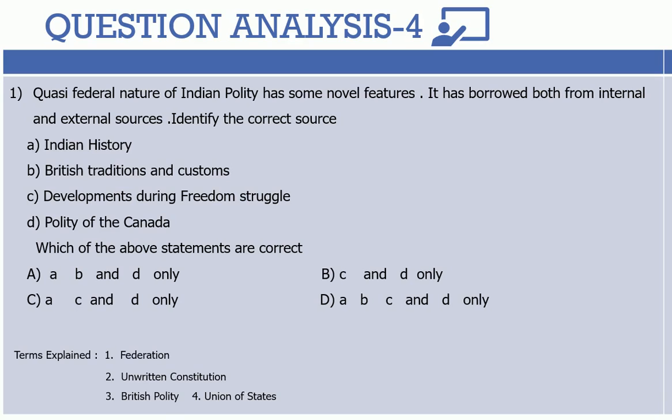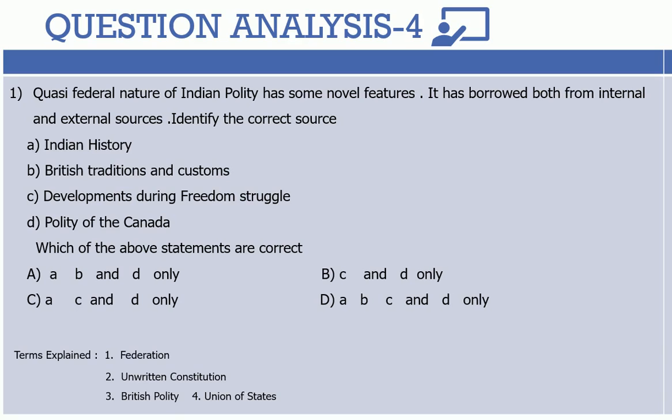Then fourth one is polity of Canada. In Canada, the powers are distributed between center and state, and also there is a distribution of lists, like the central list, state list, or concurrent list. So that is the model for making the federal state in the Indian part also.